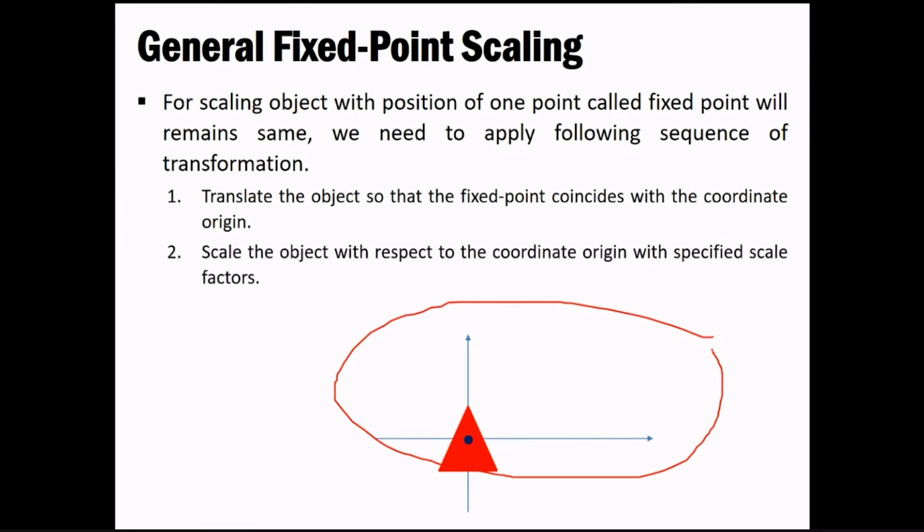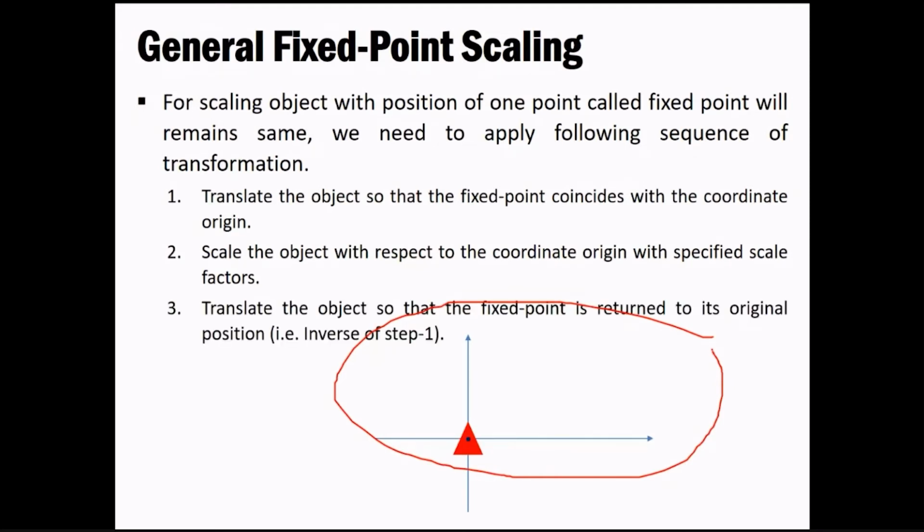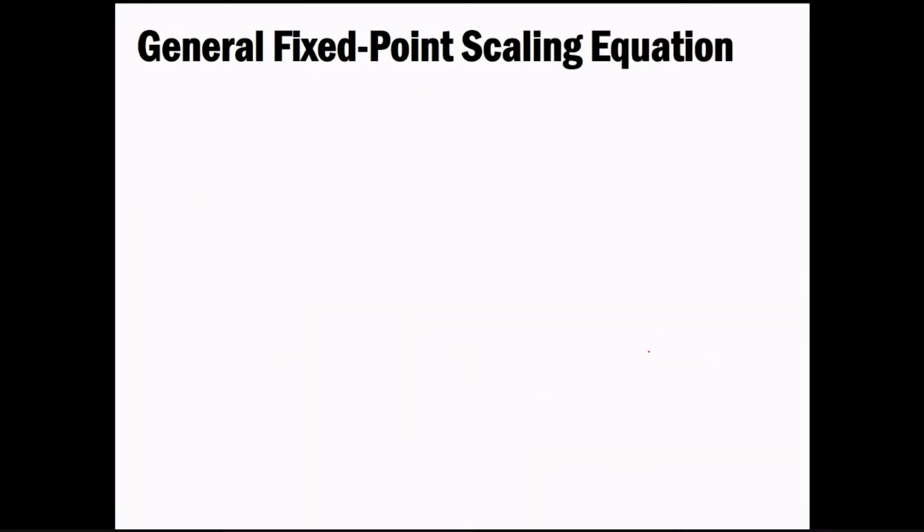Then scale it up or down with respect to the coordinate origin with the specified scale factors, and then translate the whole thing back to its original point. So the fixed point is returned to its original position, which you can achieve with the help of the inverse operation.